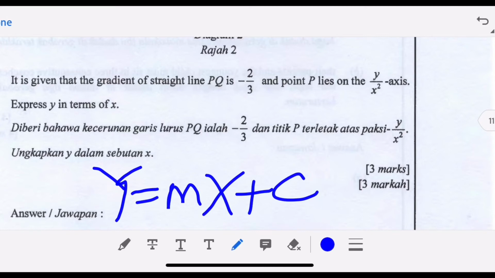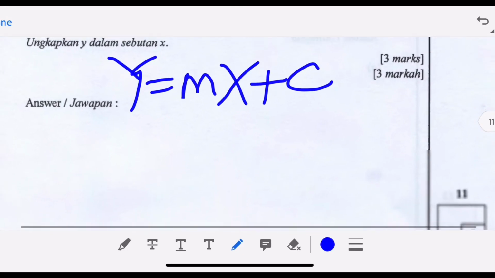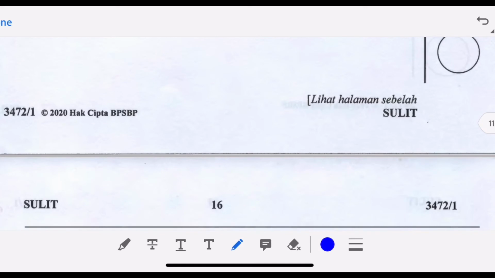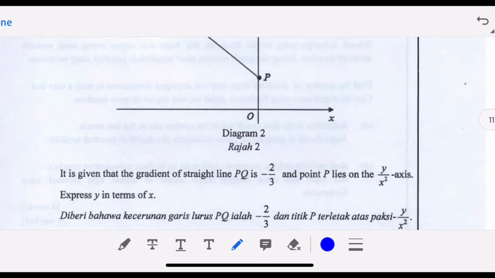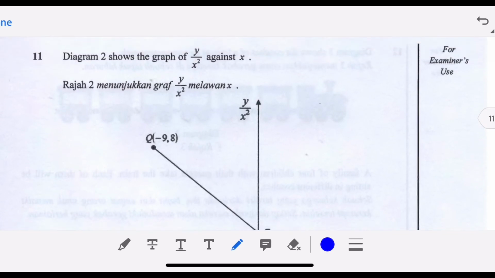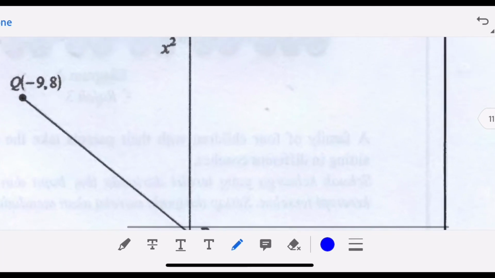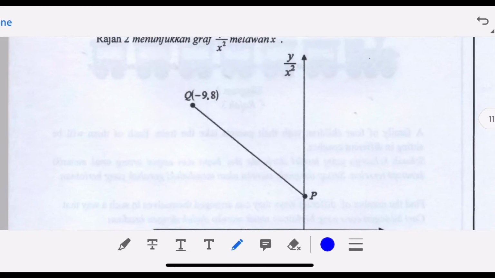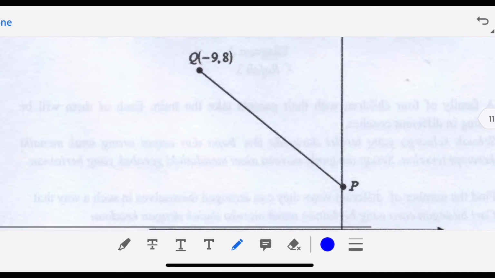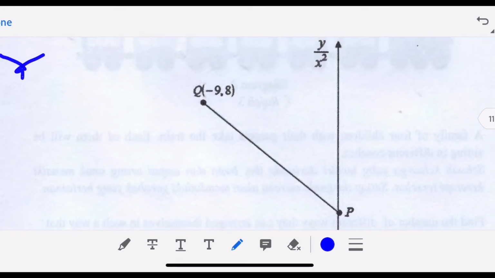And then your big X, which is equal to x, and then you have to substitute the point and try to find the c. If you get the c, then only you can rewrite your equation for y in terms of x.